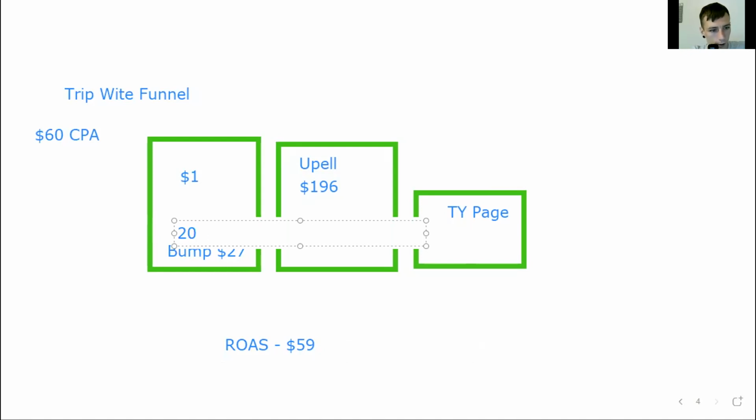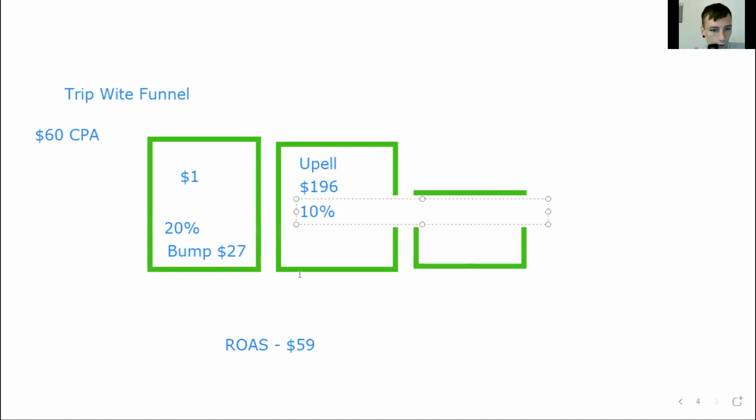So for every 5 customers that buy our $1 product, one person buys the $27 order bump. And let's say this is a 10% conversion rate. We're spending the same $60 here.